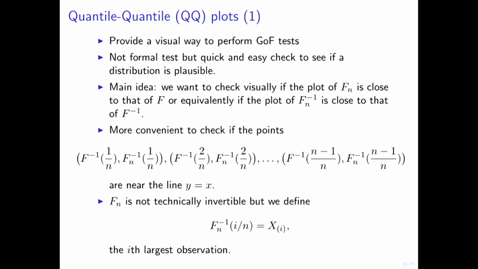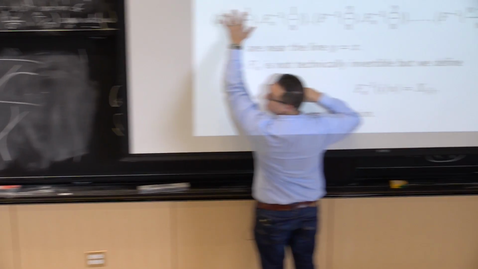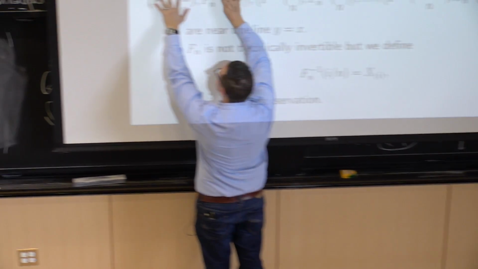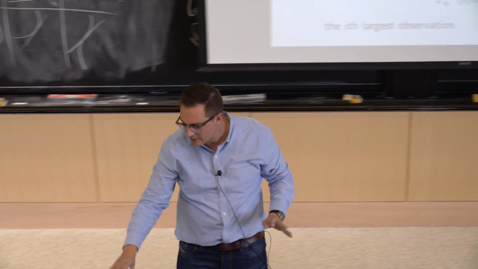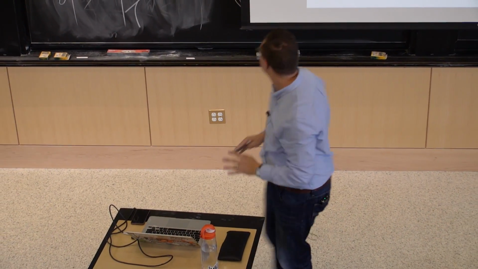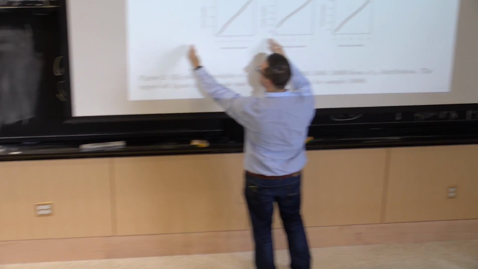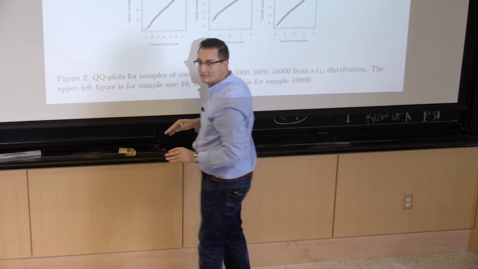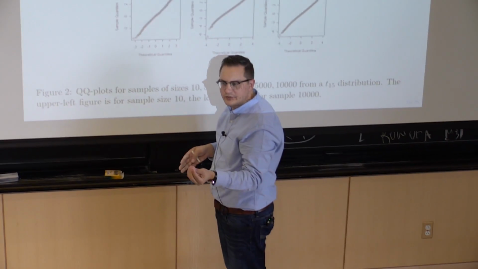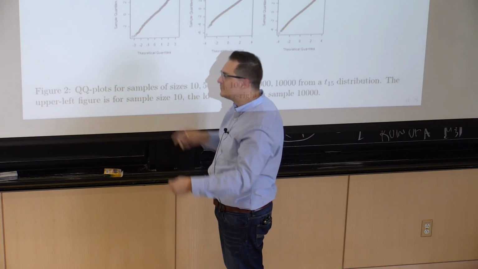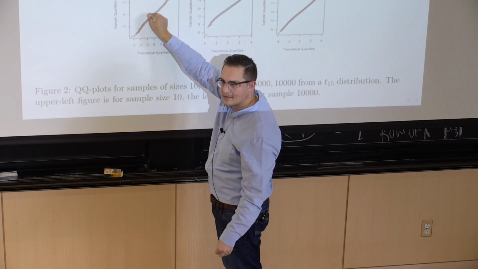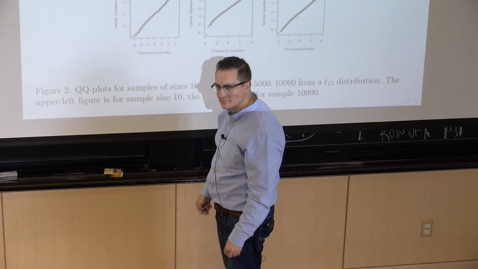This lives on the entire real line, not in the interval. And so my QQ plots take values on the entire real line. You think of it as a parameterized curve, where the time steps are 1 over n, 2 over n, 3 over n, and I'm just putting a dot every time I make one step. Okay.